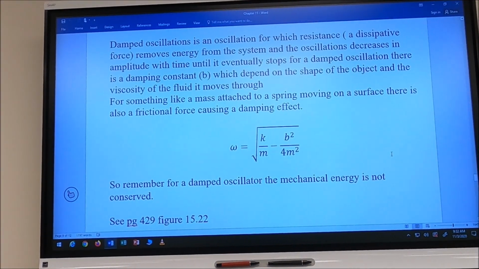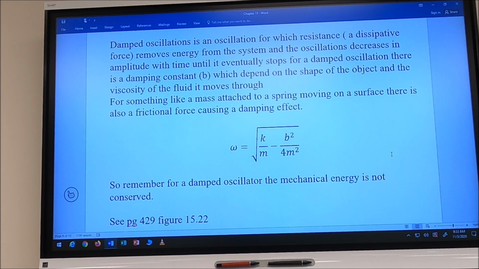Okay, guys, the last thing that we have to talk about here is a damped oscillator. Damped oscillations is an oscillation for which resistance, a dissipative force, is at play, and it removes energy from the system, and the oscillations decrease in amplitude with time until eventually the oscillator stops.